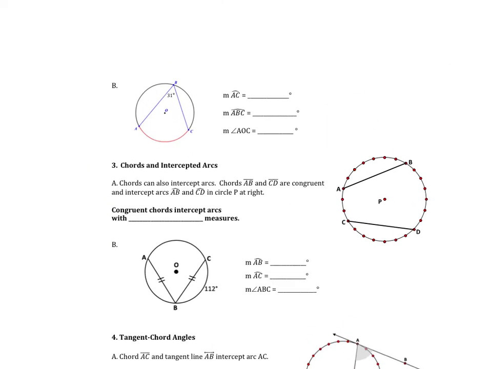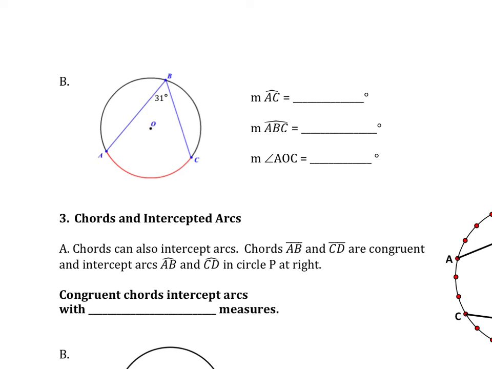If you look at this example, angle ABC is an inscribed angle because the vertex of this angle is on the circle. So in this case, the inscribed angle is equal to half of the intercepted arc, which is arc AC. So in order to find the measure of arc AC, I multiply 31 by 2, and that will give me 62 degrees.